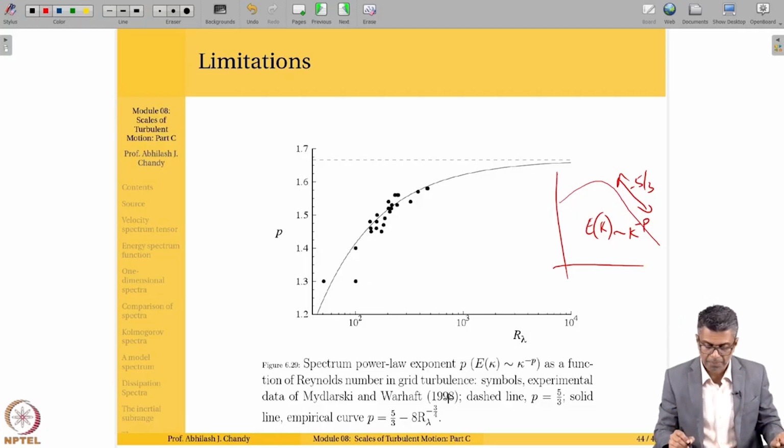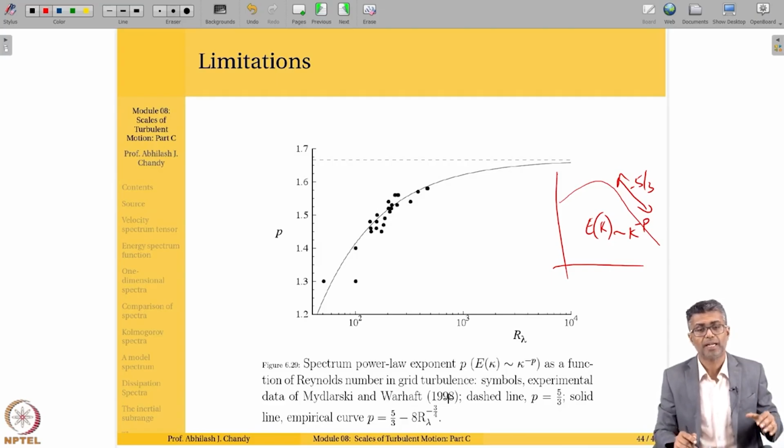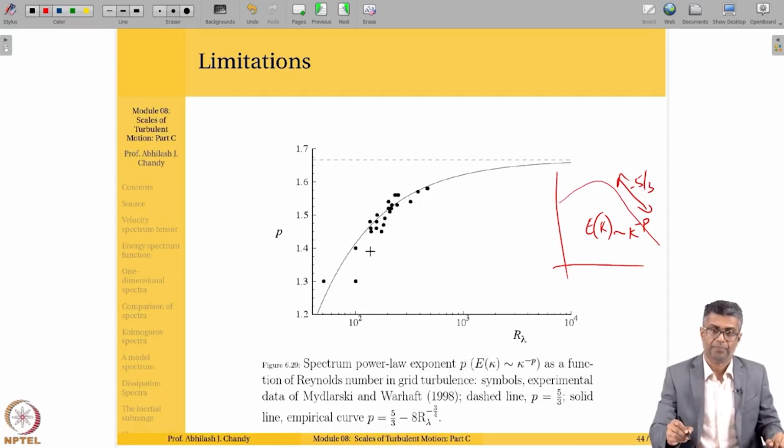The symbols are experimental data from 1998, and the dashed line is the value of P equal to 5/3, so that is where it should be. And the solid line is an empirical curve, meaning it's a curve fitting based on the data. So this is what the data is showing.